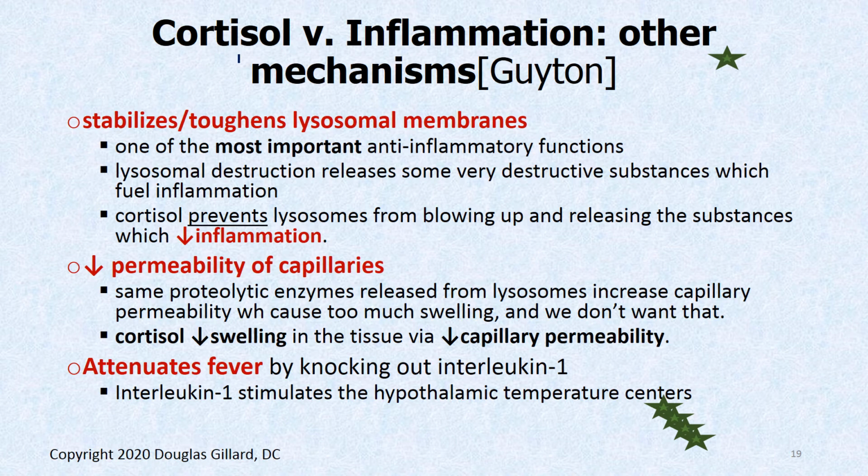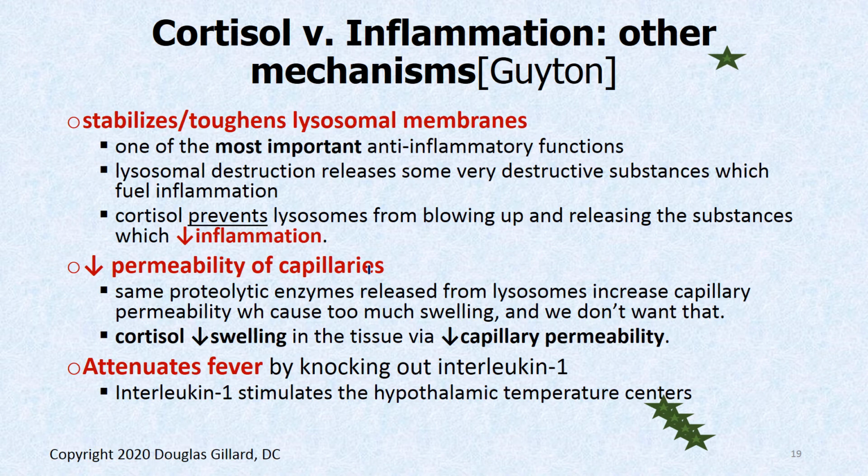And so cortisol will toughen the membrane around lysosomes. So if the cell is blown up, the lysosome won't explode. So it keeps those nasty, destructive substances inside the lysosome. It also decreases capillary permeability.